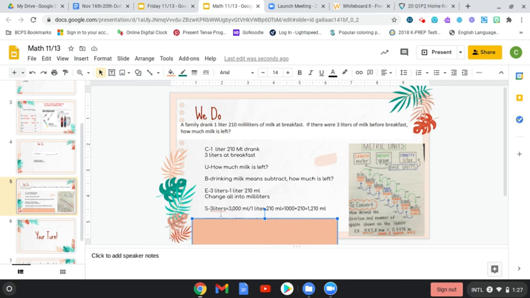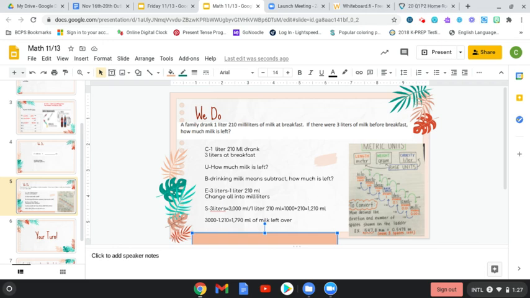Well, I know that 3 liters times 1,000 will give me 3,000 milliliters. Okay? And I've got to take this 1 liter, 210 milliliters, and also change that into milliliters. Well, the 1 liter is 1,000, and the 210 milliliters is 210. So I would add those together, and I would get 1,210 milliliters. And this is how much they drank at breakfast.